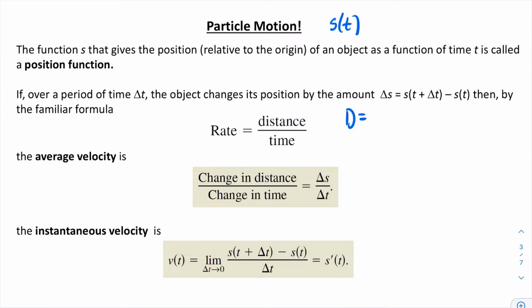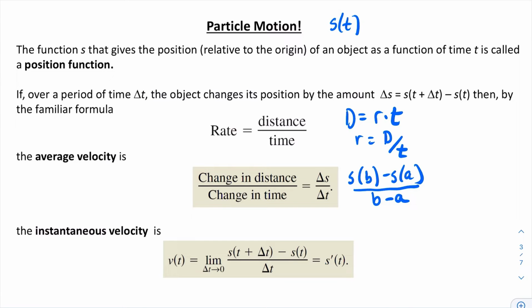We know distance is rate times time. So if we're solving for the rate, that's going to be distance over time. The average velocity is change in distance, so s of b minus s of a all over b minus a. So that's our average velocity expression.